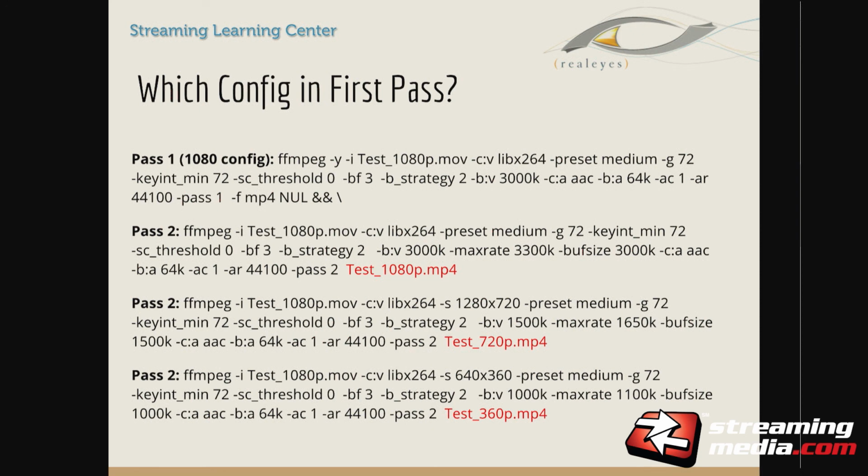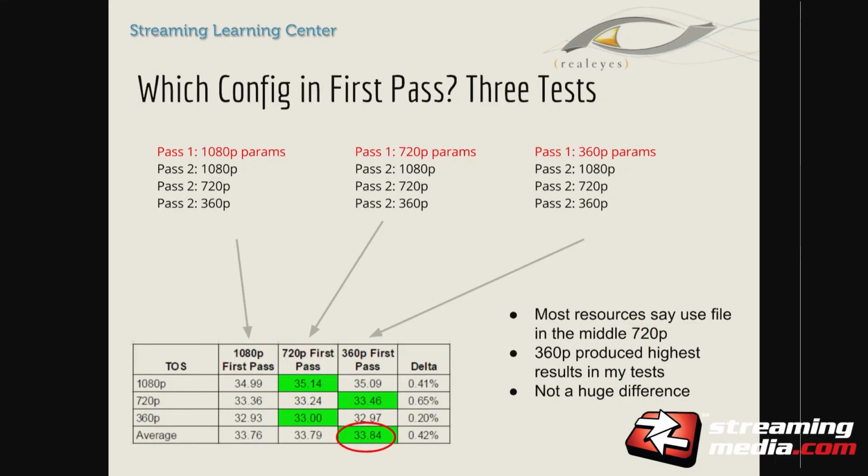Interesting question, which configuration do you put in the first pass? Because you need to specify a bit rate, you need to specify a B-frame strategy, you need to specify a resolution. And we've got 3 output files here, so which parameters are you going to use up here? To understand that, I did 3 sets of multi-pass encodes.